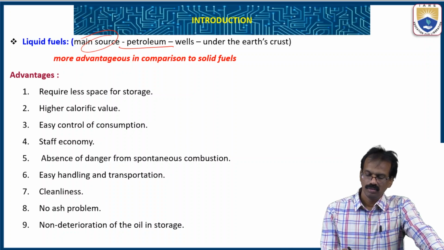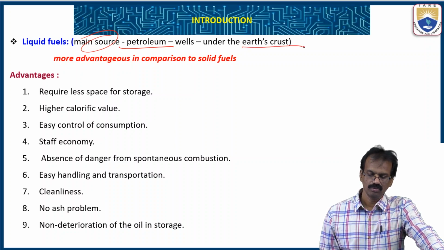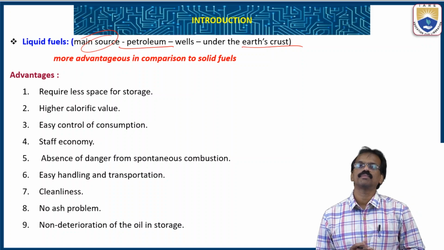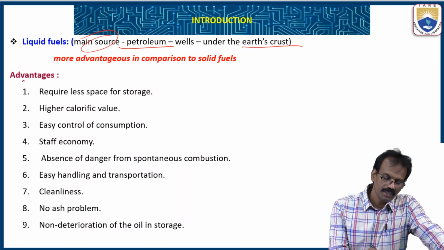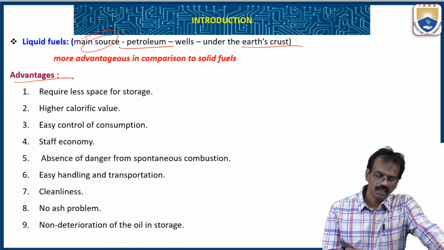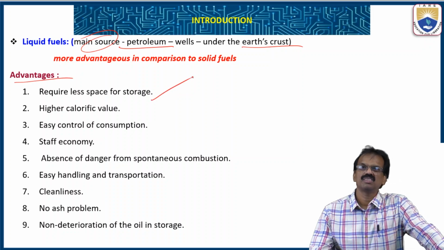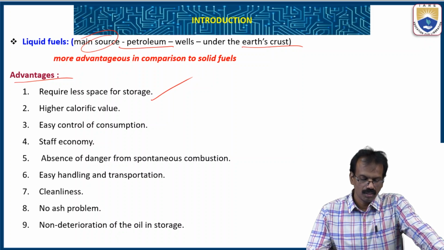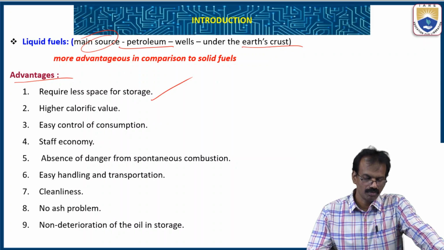And you know that we get this one from the earth's crust. We'll see some more advantages of the liquid fuels. The main advantages: it requires less space for storage, so within less space we can store this one.